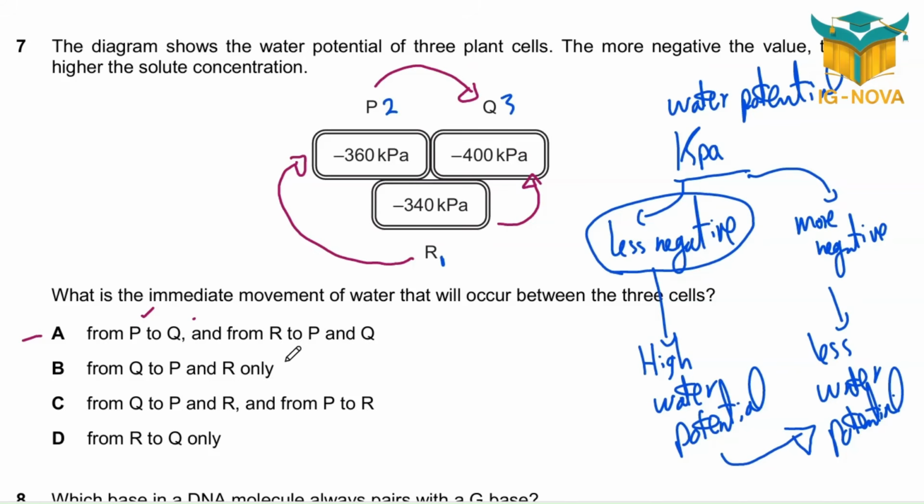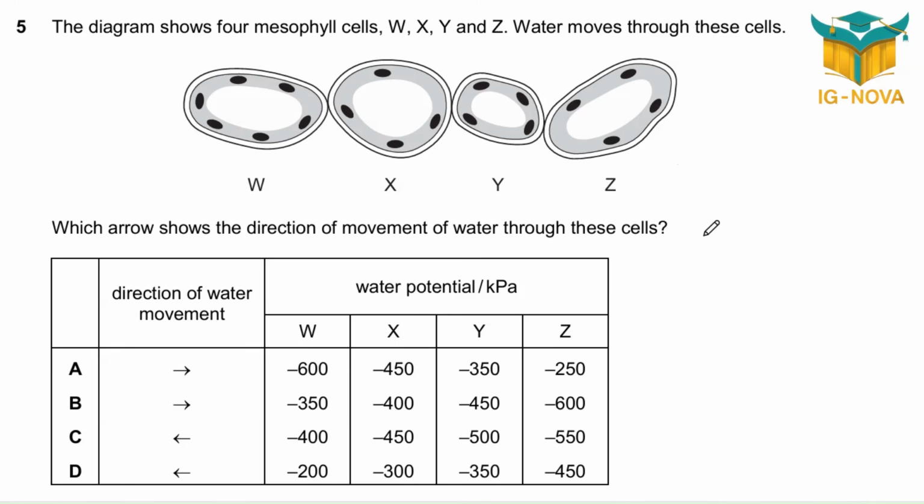From R to P. Agree? And from R to Q. Also agree. So option A. March 25, he gave values without any guidance. Okay? So again, let me repeat. The less negative value equals high water potential.